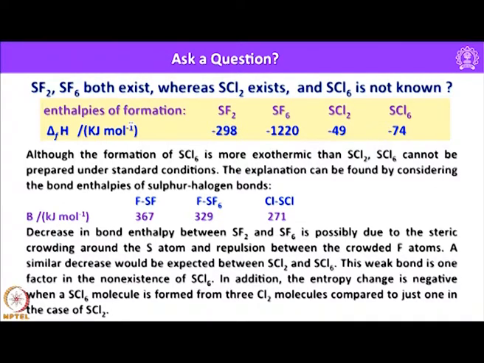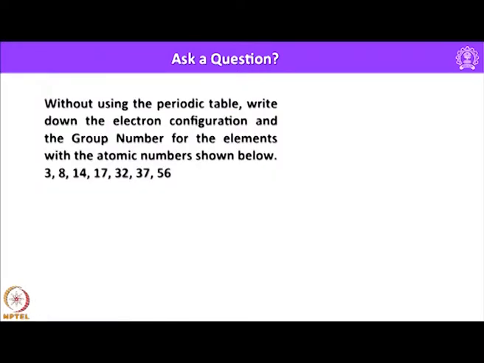That is the reason SCl6 is not known. However, in case of SF6, because the enthalpy of formation is a little larger, SF6 can be made easily. Under normal circumstances at ambient condition SF6 is stable, but at higher temperature it decomposes to form lower halides or lower fluorides.